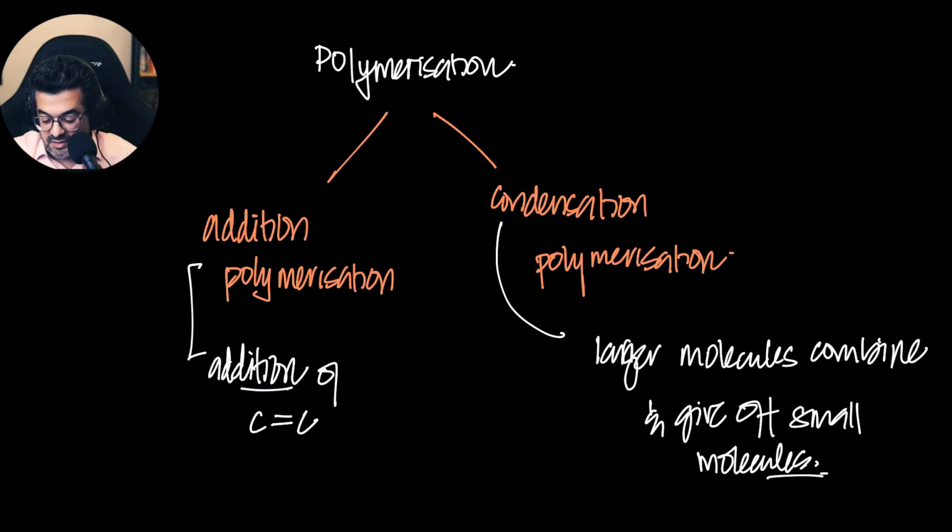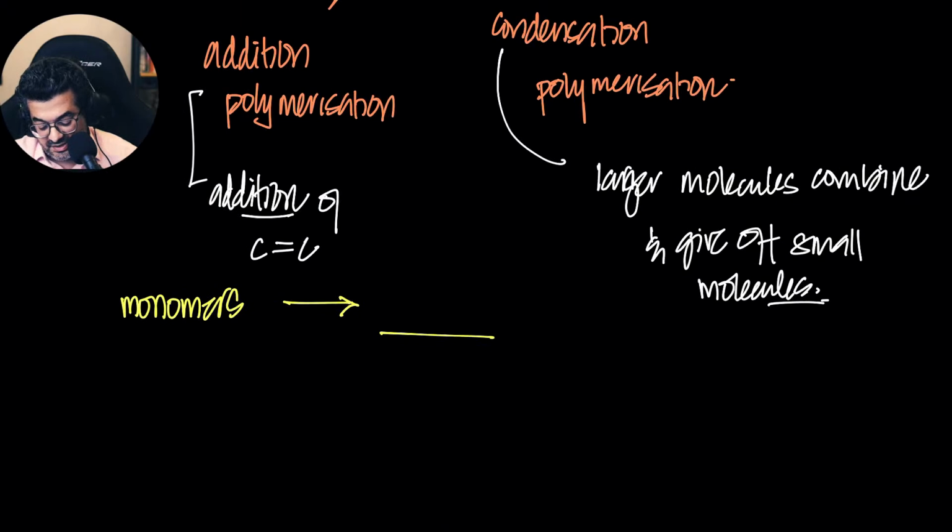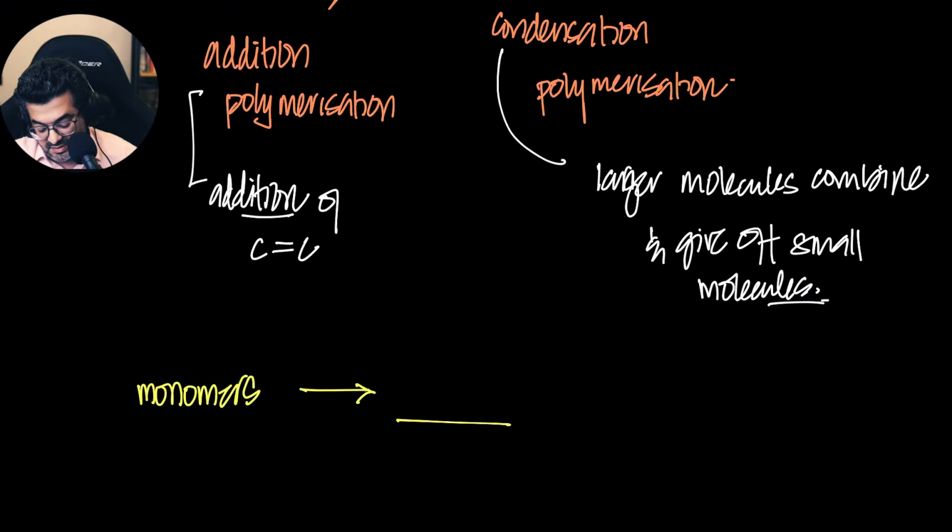So I'm going to first talk about addition polymerization, how it's made, the particles that make it. One thing that's common to both is the term polymer. Both are polymers, and the substances that make them are called monomers. So what's common to both addition and condensation is that monomers react to make polymers.